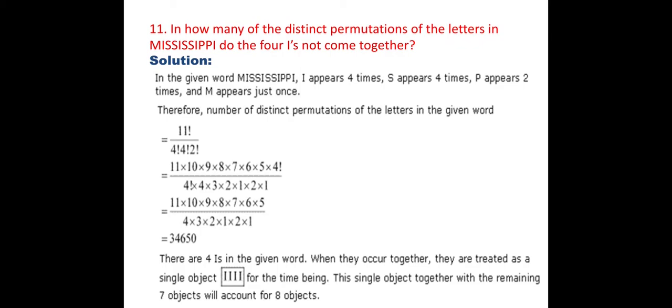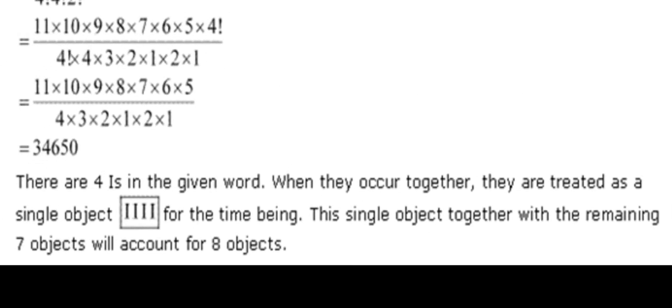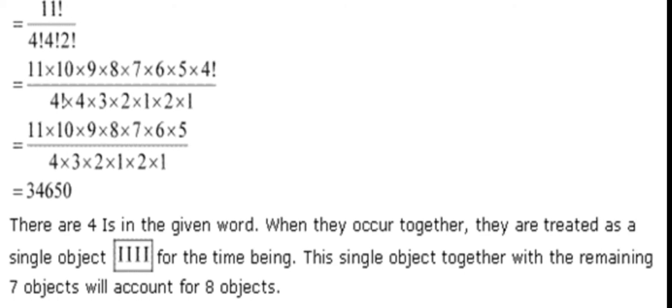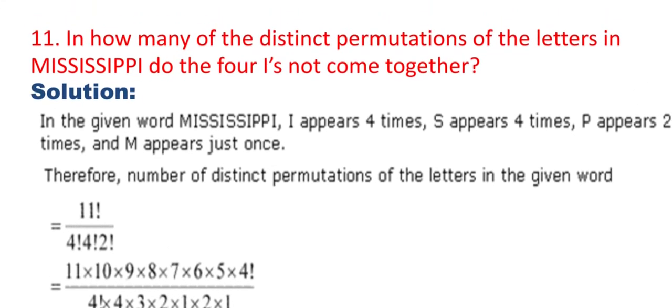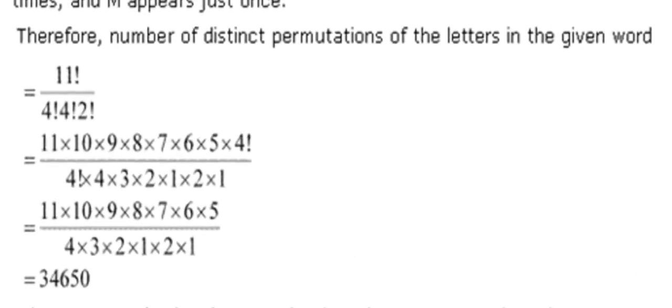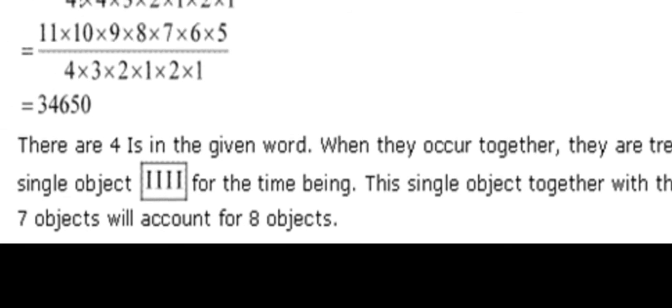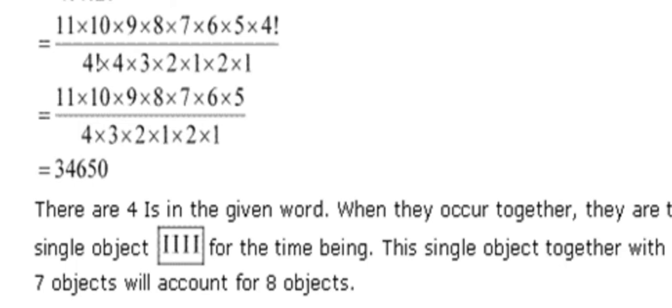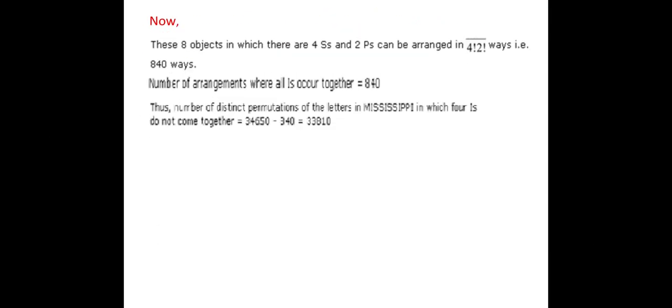Now, as per the question, all the I's should not come together. Suppose all the I's come together, then what is the permutation? There are 4 I's. If we put all the I's in one bracket and consider them as one letter, then the total number of letters will be 7 plus 1, that is 8 letters.